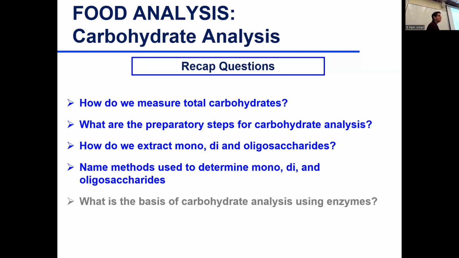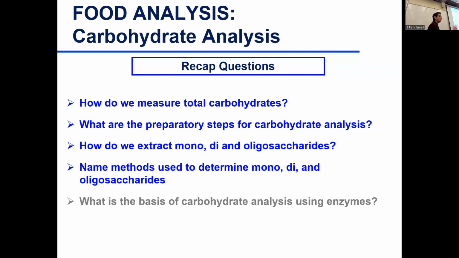So it's based on digesting or hydrolyzing the glycosidic linkages with the concentrated acid, which is H2SO4. This reaction is going to generate heat. With that heat and high acid concentration, you're going to convert monosaccharides into furans.